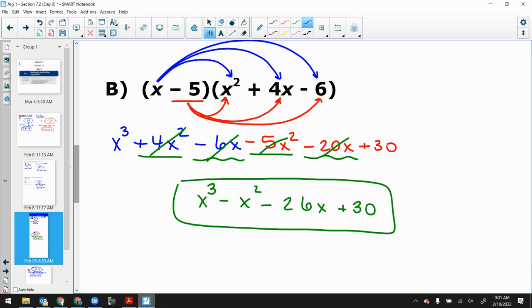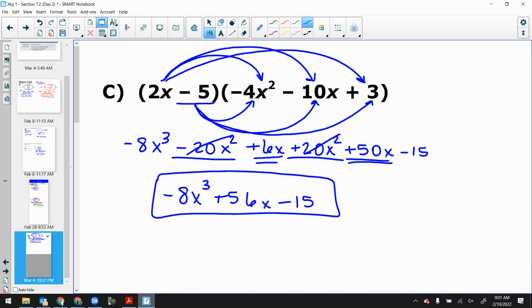Right. Well, it was negative 6 and negative 20. Yeah, but on the next one, we had negative 20 and negative 20, and we canceled them out. Well, no, we had negative 20 and positive 20. I had negative 20. Watch out, and I think this is the reason. This one should have been a negative 5 times a negative 4. Negative times a negative should have been a positive 20x squared.